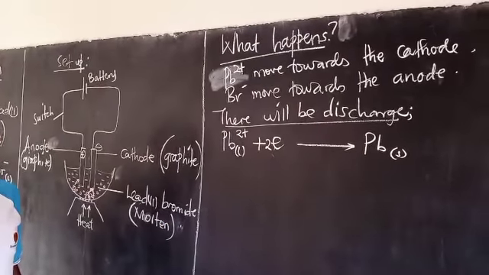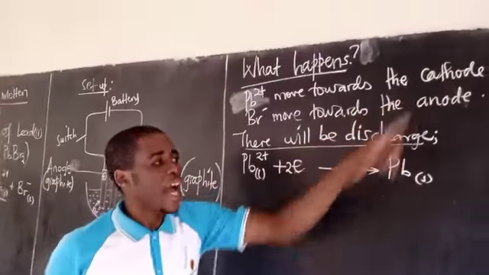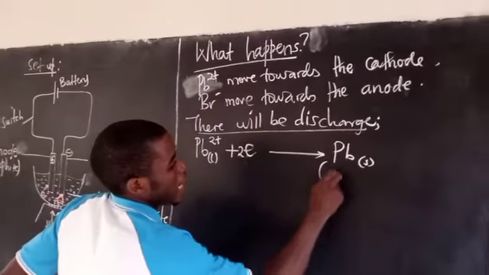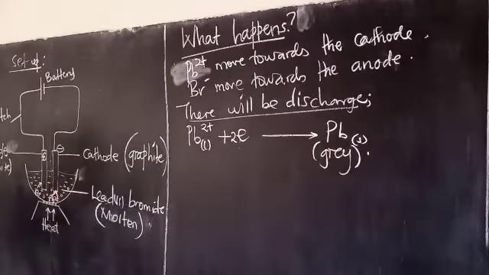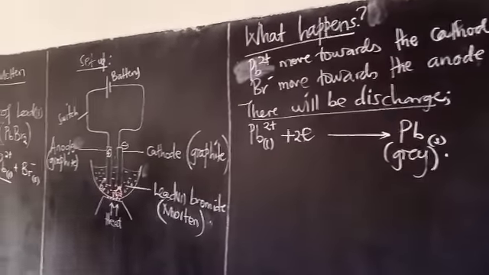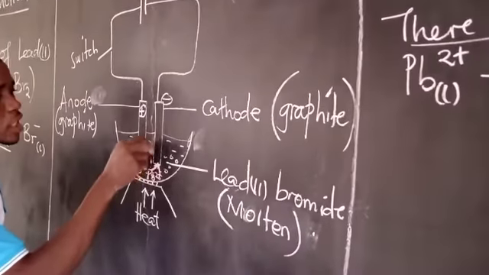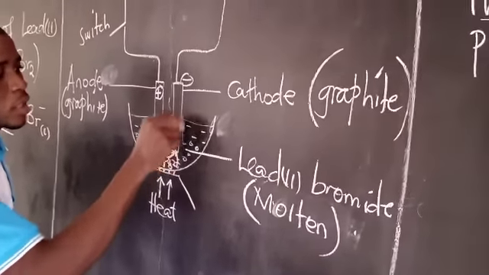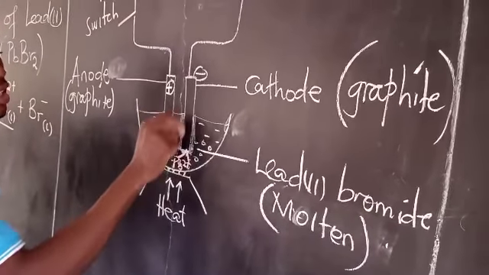And that will happen at the cathode. If this is a gray metal, we shall have a gray coating around the cathode.